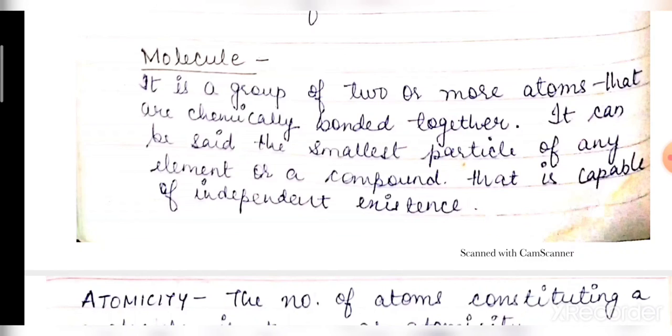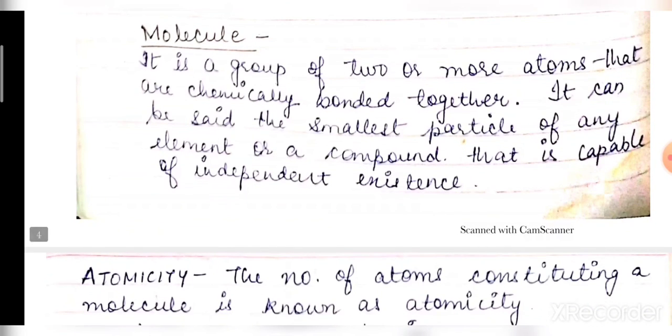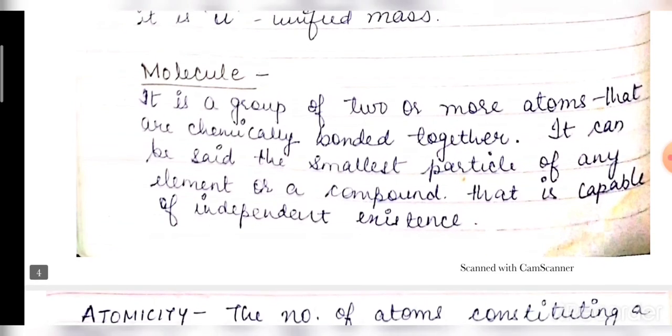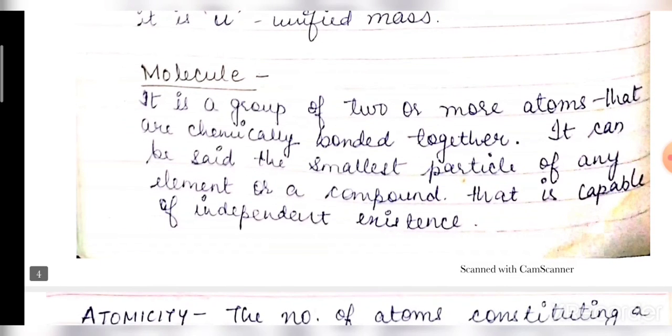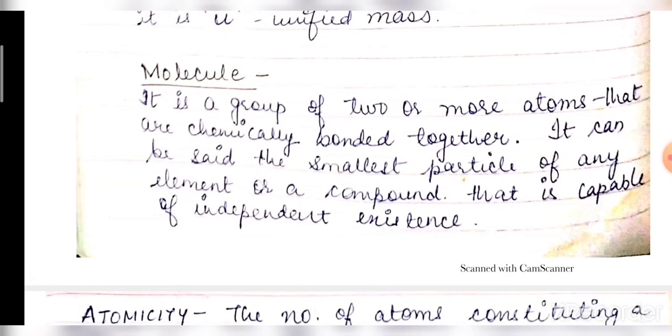But sometimes a single atom does not have independent existence. For example, if we take hydrogen gas or nitrogen gas, the hydrogen atom or nitrogen atom cannot exist in monoatomic form. That means as a single atom they cannot exist.